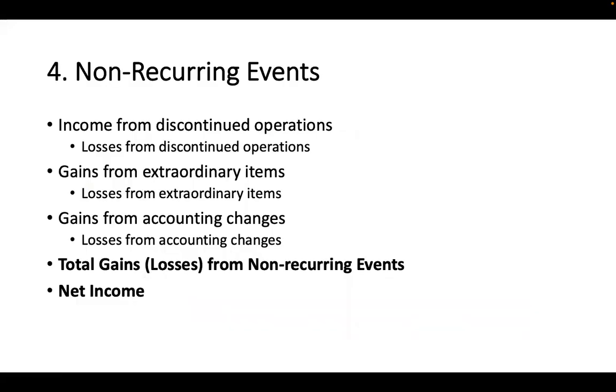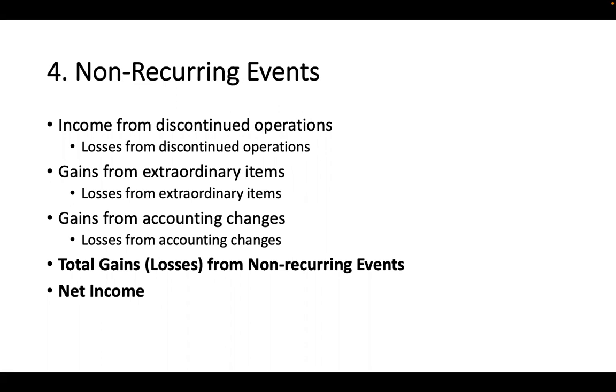And the final category in an income statement is the non-recurring events, which are not part of our continuing or operating expenses and are not recurring in nature. So income or losses from discontinued operations, gains or losses from extraordinary items, gains or losses from accounting changes.